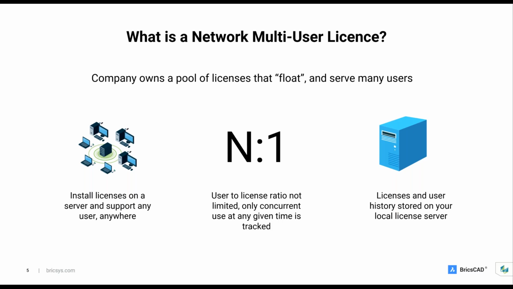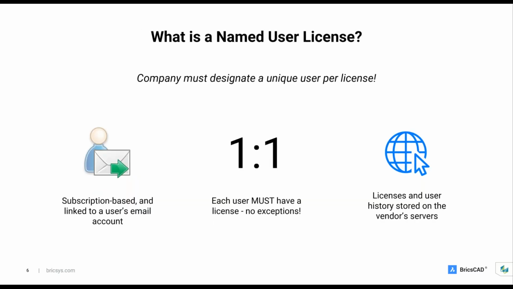Okay, so that's network licenses, network multi-user licenses. So now let's contrast that, if you would, with this concept of a named user license. A named user basically says that every user has to have their own subscription or license, however the software vendor likes to put it. Autodesk typically will say subscriptions, and it is linked to the user's email account. Okay. So there is a one-to-one ratio here.